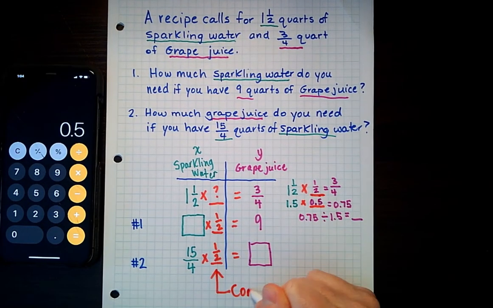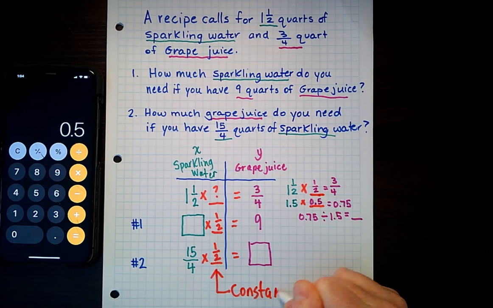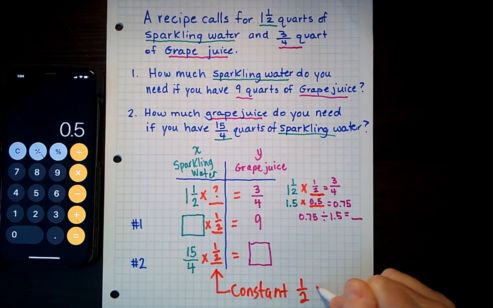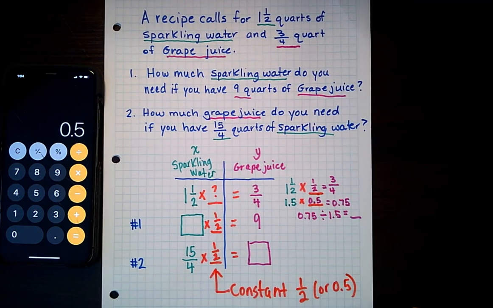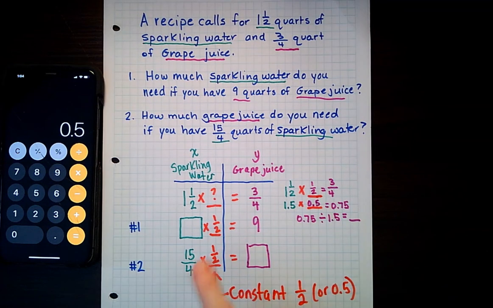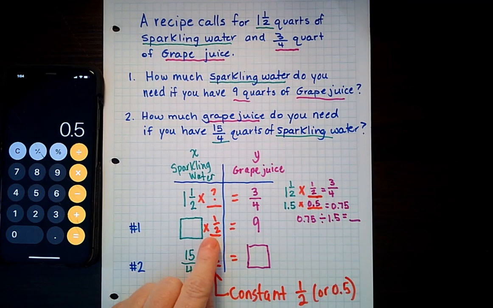Remember, you can write it as a decimal or a fraction, 1/2 or 0.5. All right, so now we have everything we need. What times a half is 9? Remember, multiplying by a half is the same thing as dividing.